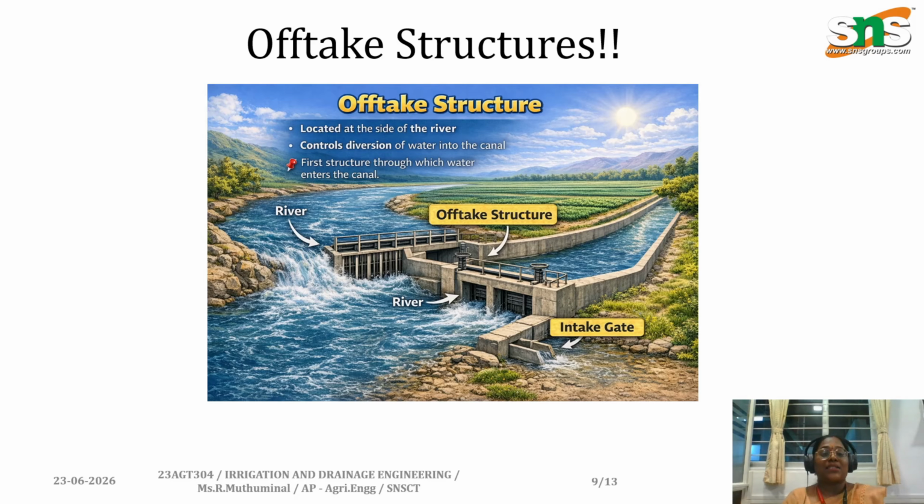It provides a passage for fish to move upstream even after the construction of headworks. Then we have the under sluices, which help us to remove the silt and sediment accumulated near the canal entrance. Excessive sediment deposition can reduce the carrying capacity of canals and increase the maintenance cost.